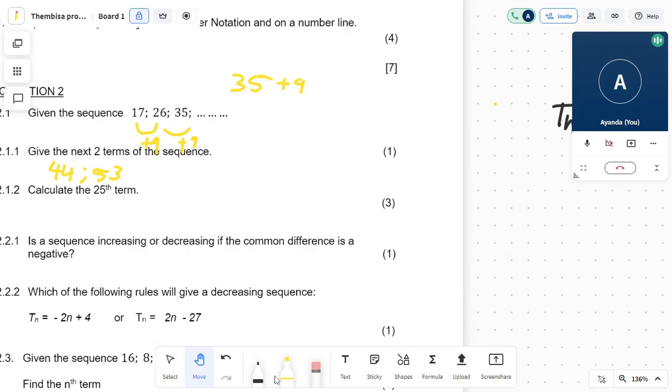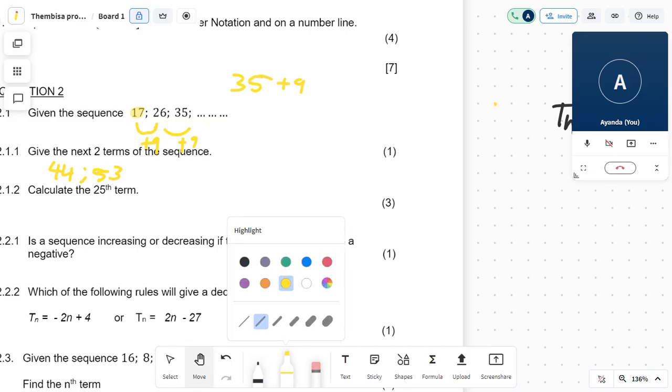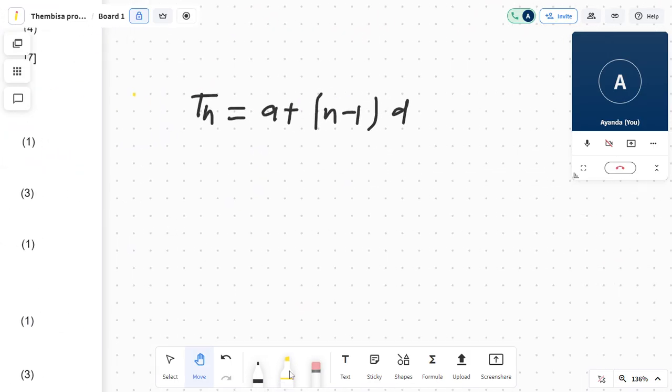We know that a is the first term of our sequence, which is 17. So Tn is equal to 17 plus (n minus 1) times our difference, which we know is 9.